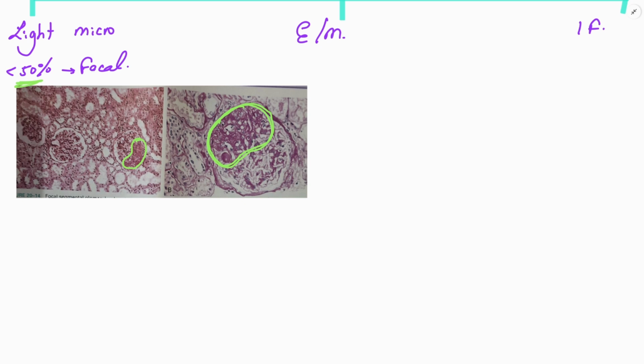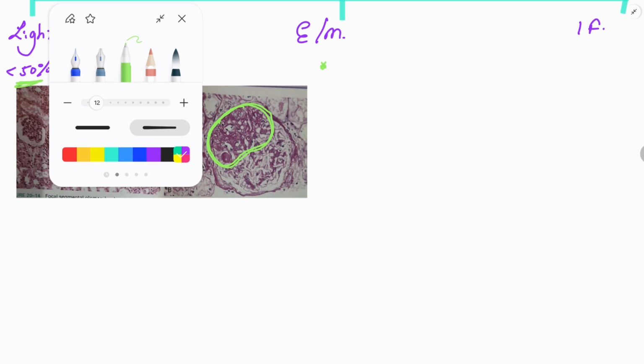In electron microscopy, same as the minimal change disease, here also you can find there will be effacement of the podocytes, because of which there will be passage of proteins into the tubules and they come out through the urine. Effacement of epithelial podocyte foot processes.